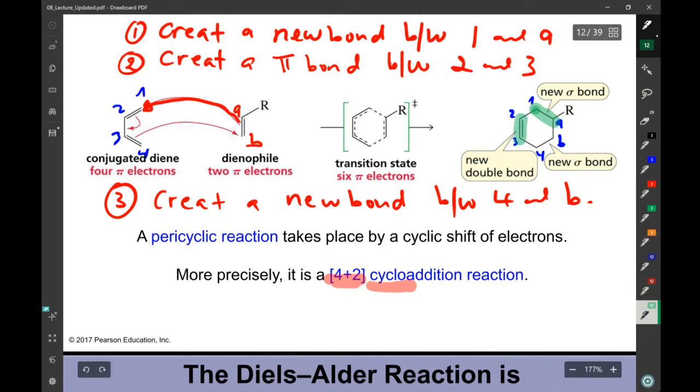You can see over here, that's the pi bond between carbon 2 and carbon 3. Then create a new bond between carbon 4 and carbon B. That's the new bond between carbon 4 and carbon B. That's basically what the Diels-Alder reaction is all about. Okay.